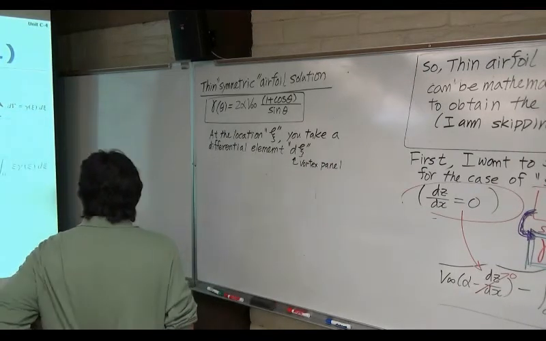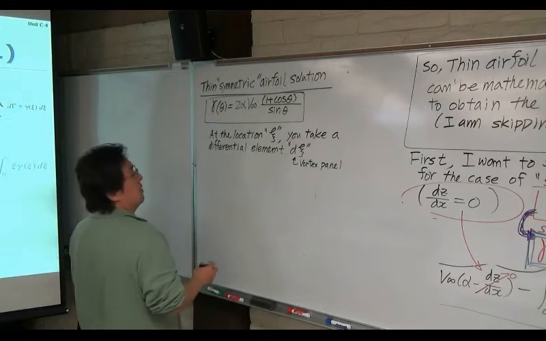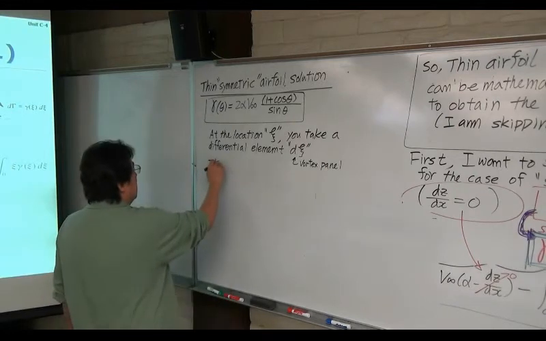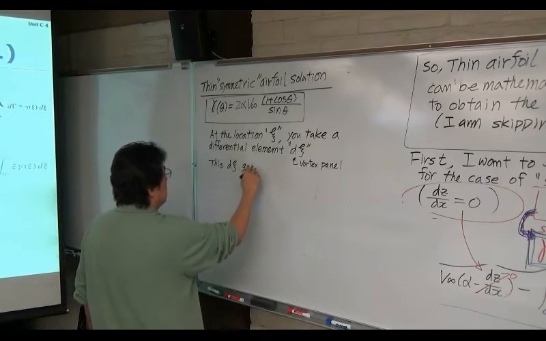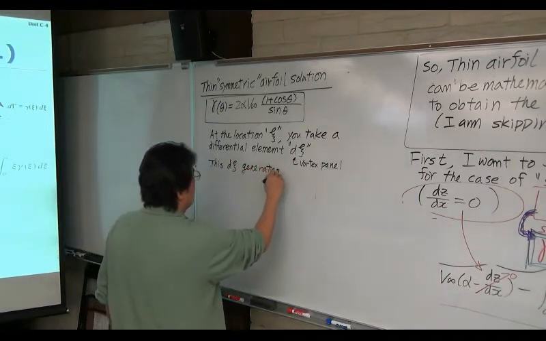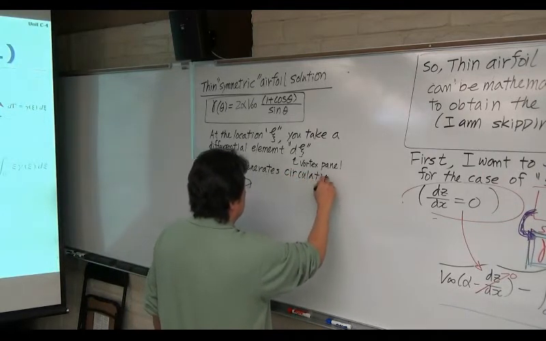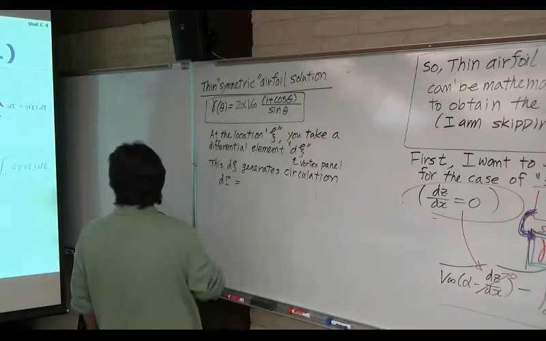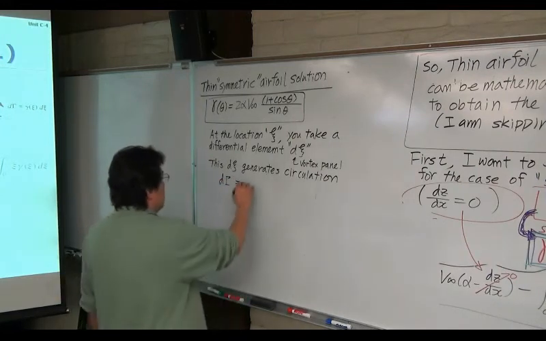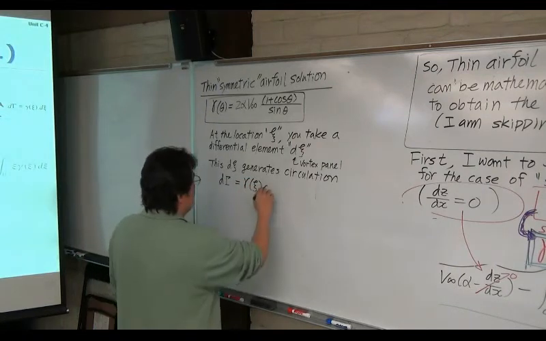Okay. And this dxc generates circulation. The gamma is essentially circulation as a function of xc multiplied by dxc.